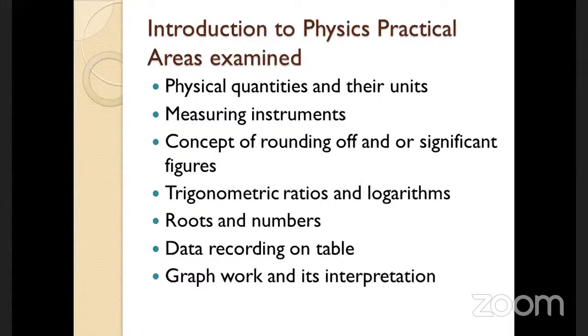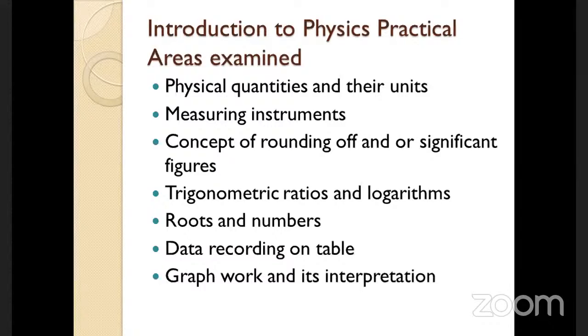Now, when we talk about trigonometric ratios here, we're meaning the sine, the cosine, and the tangent. Then we shall look at roots of numbers and even numbers themselves. So how recordings of those can be done.